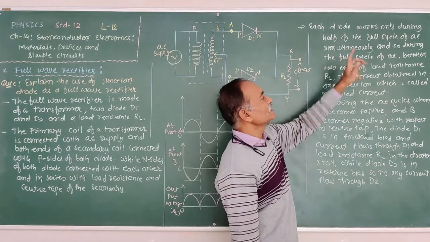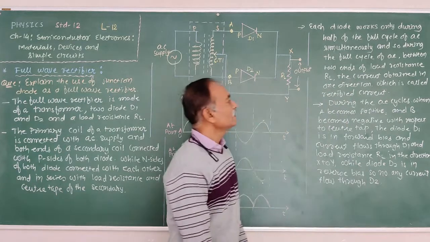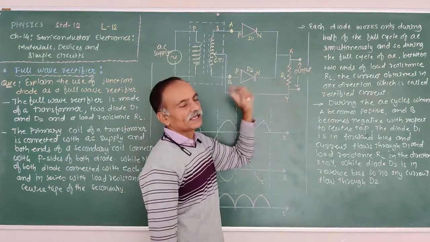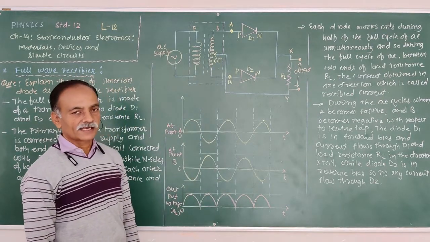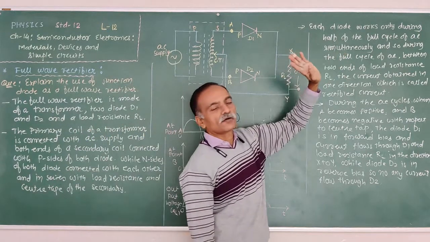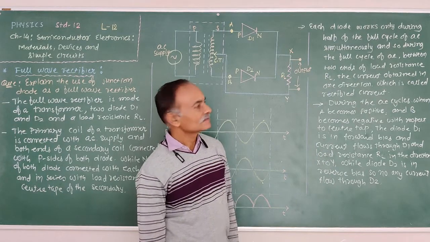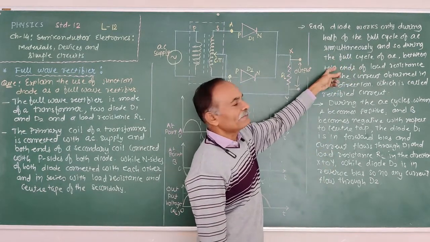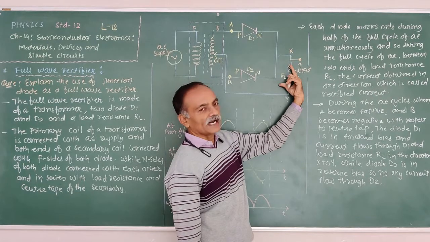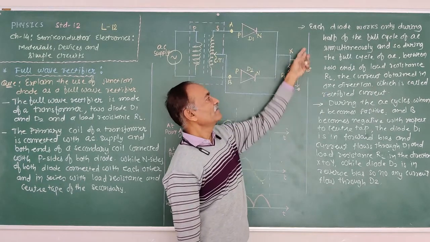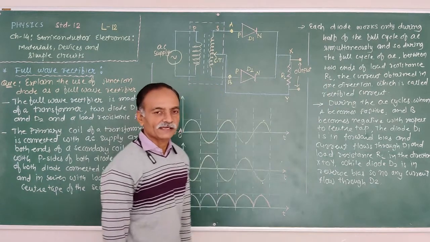And so during the full cycle of the AC, between the two ends of the load resistance RL, the current is obtained in one direction, from X to Y. So it is called the rectified current.